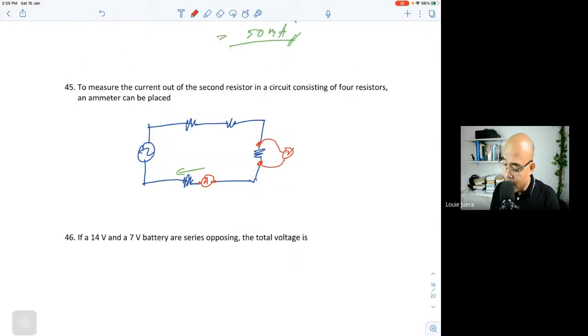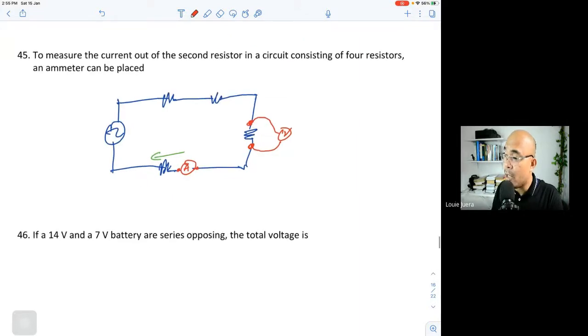Okay? So, in this particular problem here, to measure the current in the second resistor, in this circuit consisting of 4 resistors, where can the ammeter be placed? If the assumption here is the resistors are connected in series, then you can put the ammeter here, here, or anywhere in that circuit.